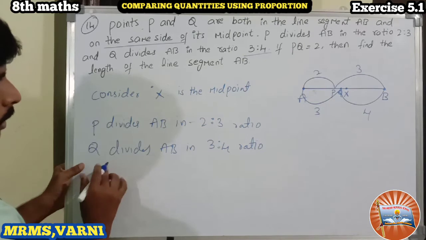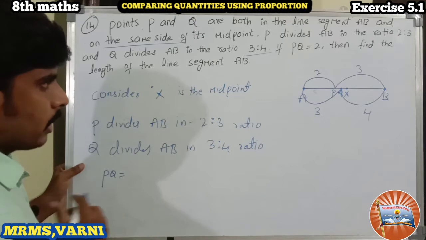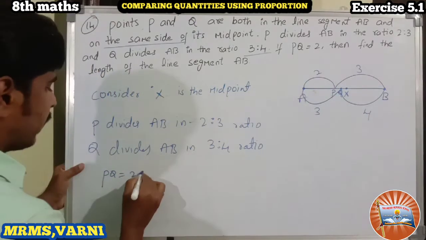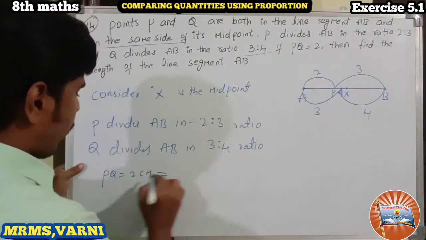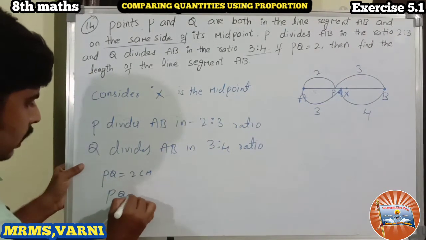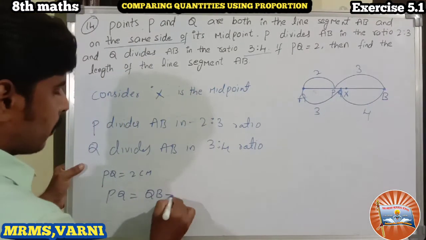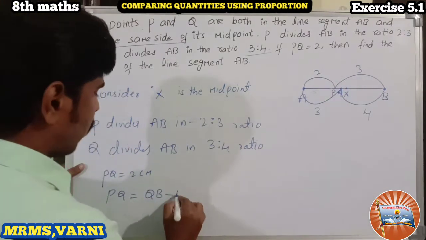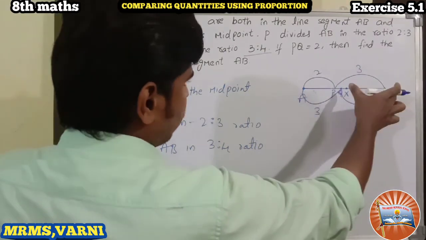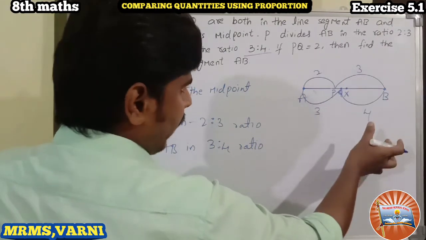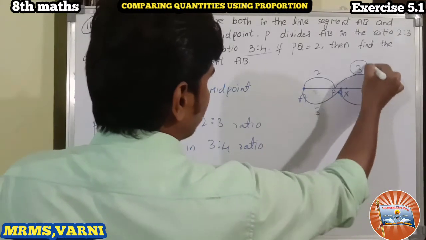Suppose I want to find the length of the PQ part. The PQ length is already given as 2 centimeter. PQ is equal to QB minus PB. Looking at the appearance, PB is greater than QB, but actually QB contains 4 parts and PB contains 3 parts.